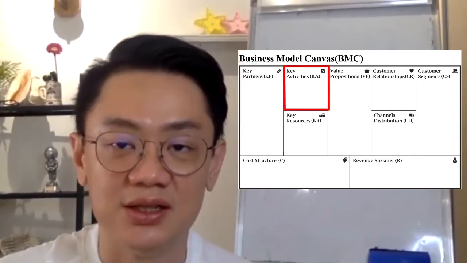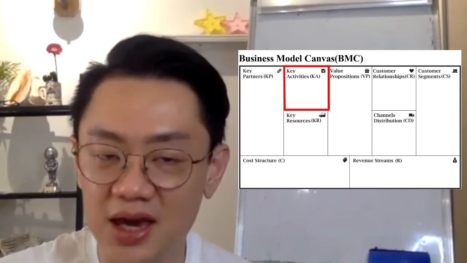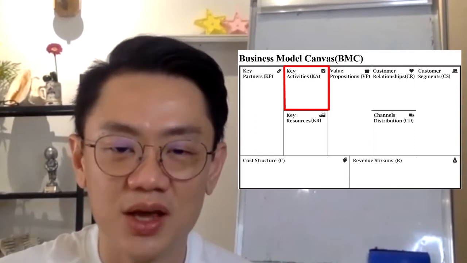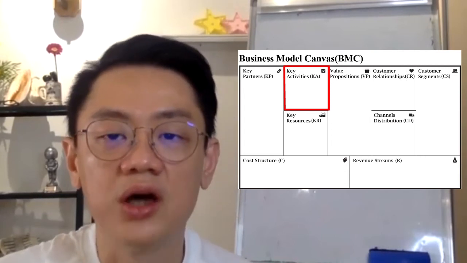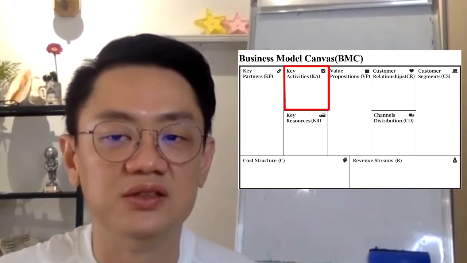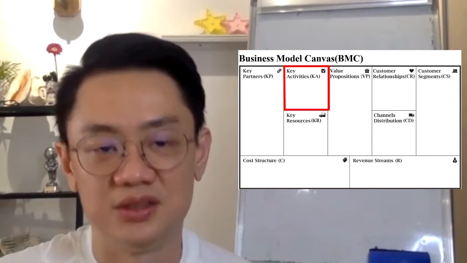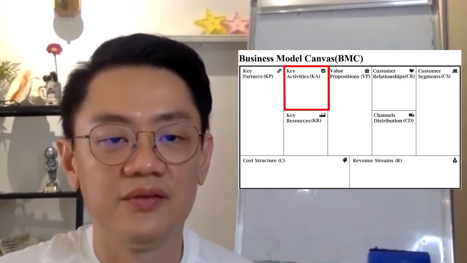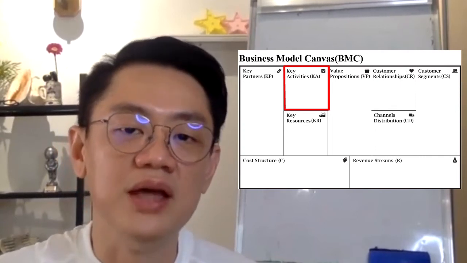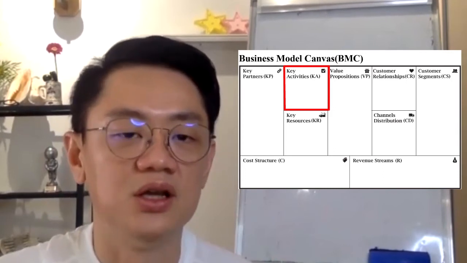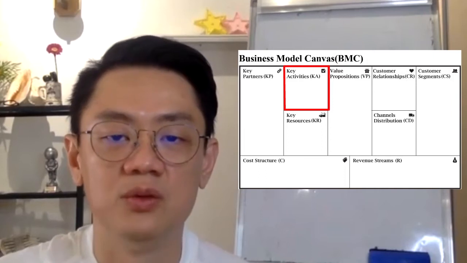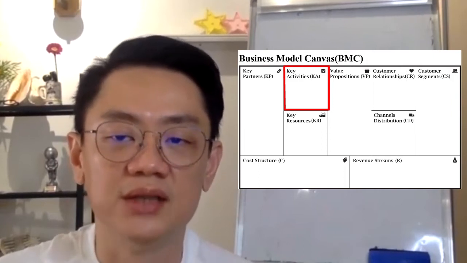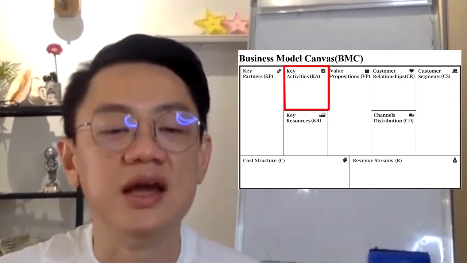Number 7, this block is KA, key activities. A business involves a combination of core activities so that it achieves its VP for its customers. Right? It is not only being able to sell your product and services, but you must consider how you solve problems, the quality of your product and services, and even networking.